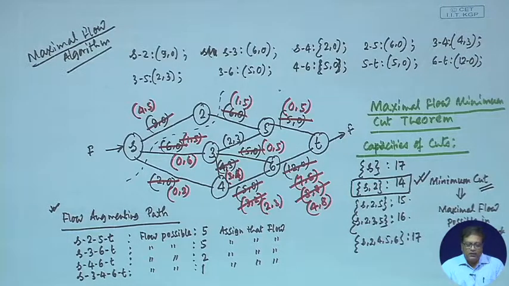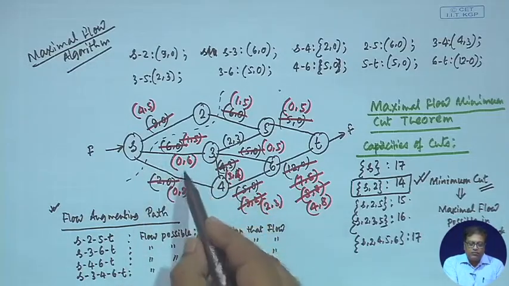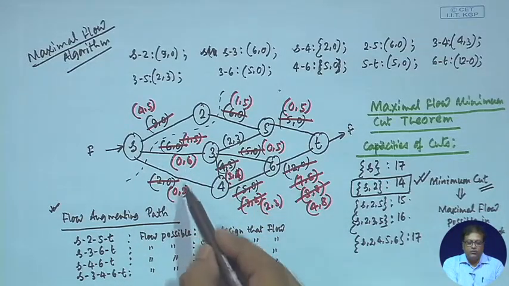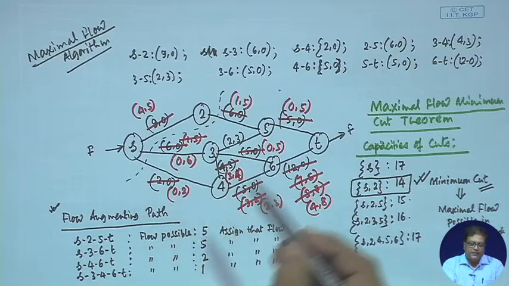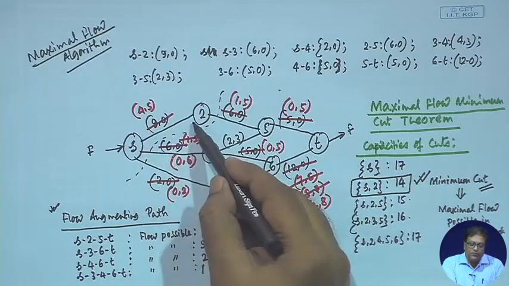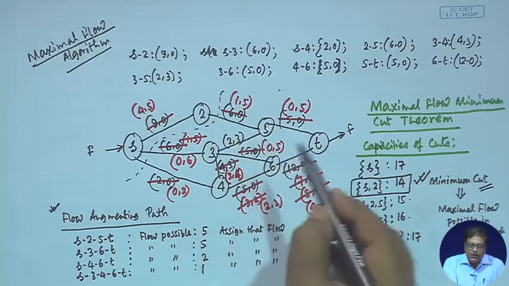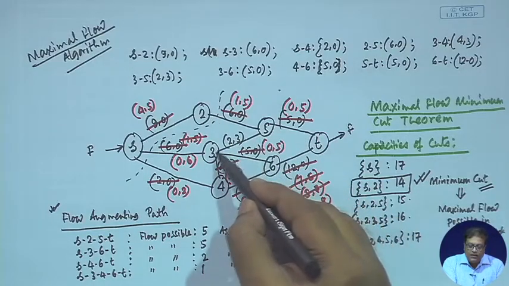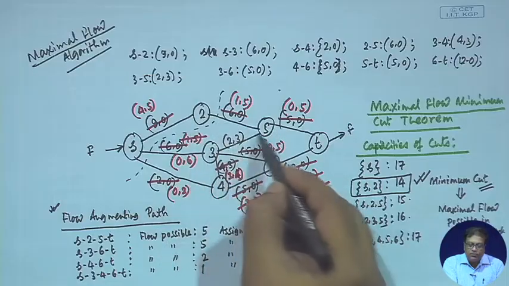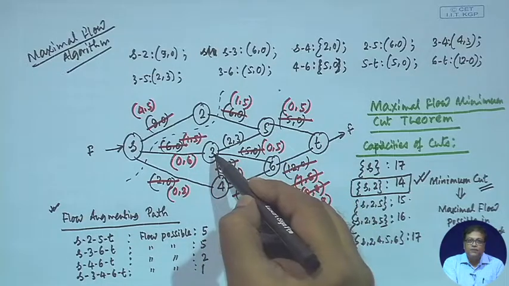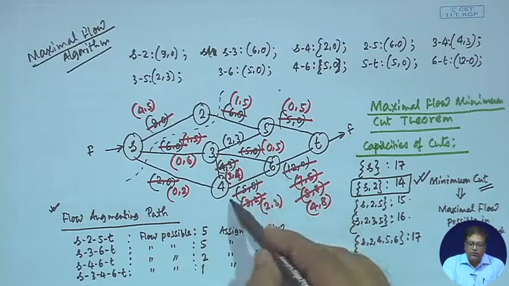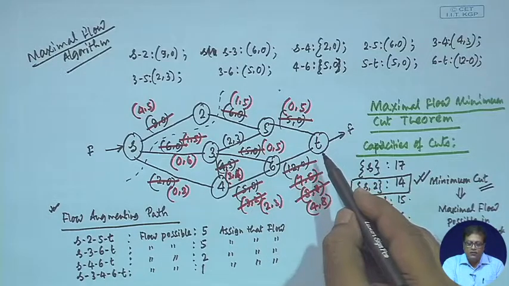Now, after this assignment, is there any more flow that is possible? You see, these two are not possible, because they have become 0, no more forward flow capacity remains. But here something can go, here also another one can go, and look here, we can come back like this. So, S to 2, 2 to 5, 5 to 3, 3 to 4, 4 to 6 and 6 to T, right.